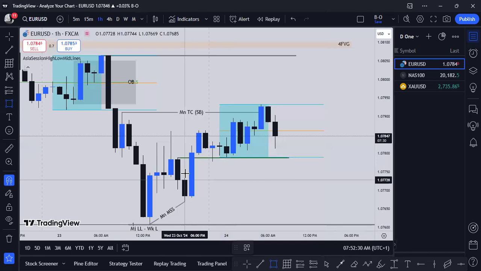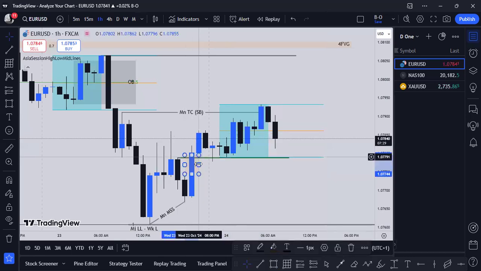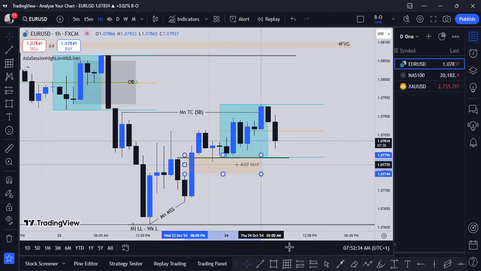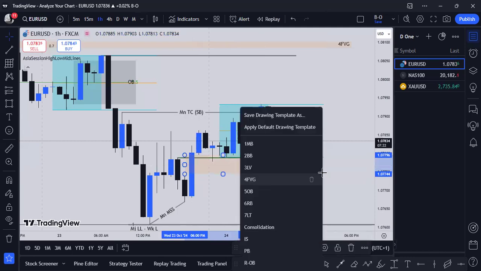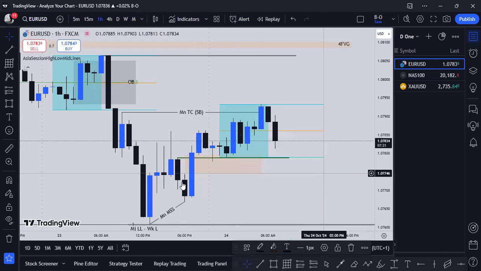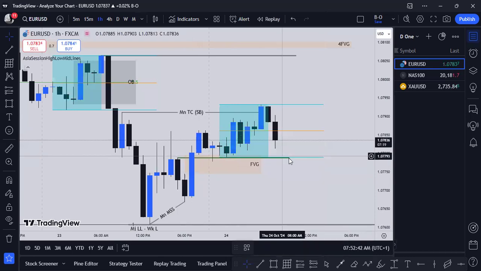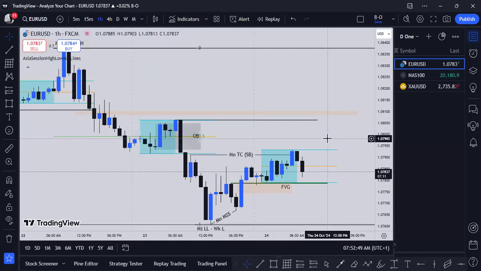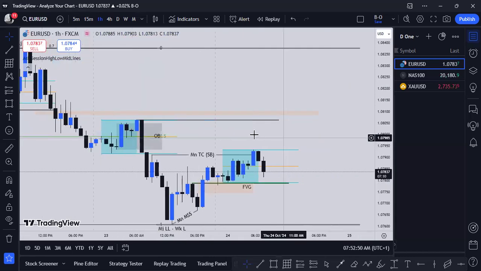We have this imbalance here. We can target as zero value gap. So add that level there, and we can take this whole range to have a buy into this level.